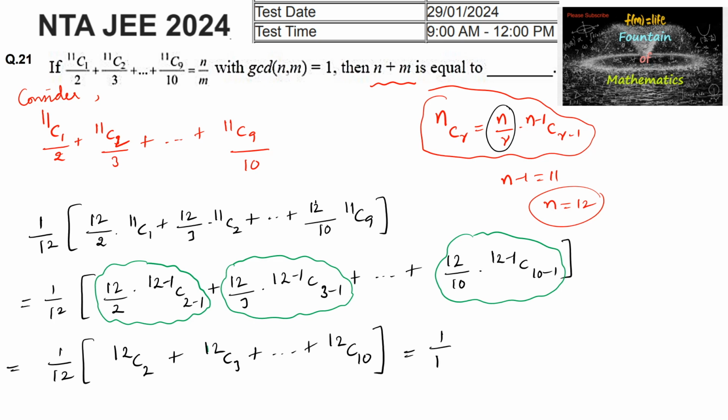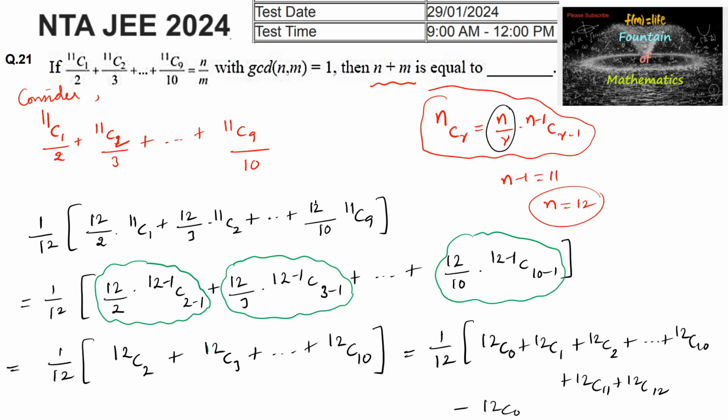So this is equal to 1/12 times, and here the missing terms are 12C1 and 12C0, and here 12C11 and 12C12. So let us add them: 12C0 + 12C1 + 12C2 and so on up to 12C10, and again plus 12C11 plus 12C12, adding and again subtracting them, so minus 12C0 minus 12C1 minus 12C11 minus 12C12.